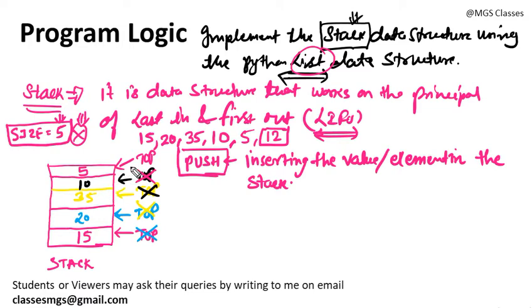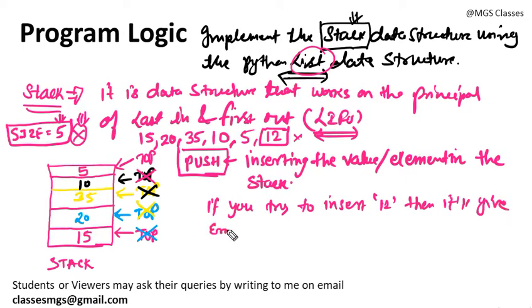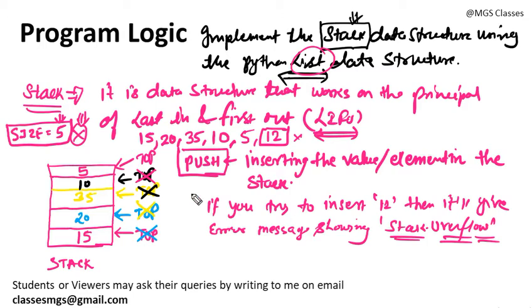After that, if you try to insert 12, it will give an error message showing stack overflow. Stack overflow is the condition when we have inserted elements up to the capacity of the stack, and we try to insert the next element after the stack is full.